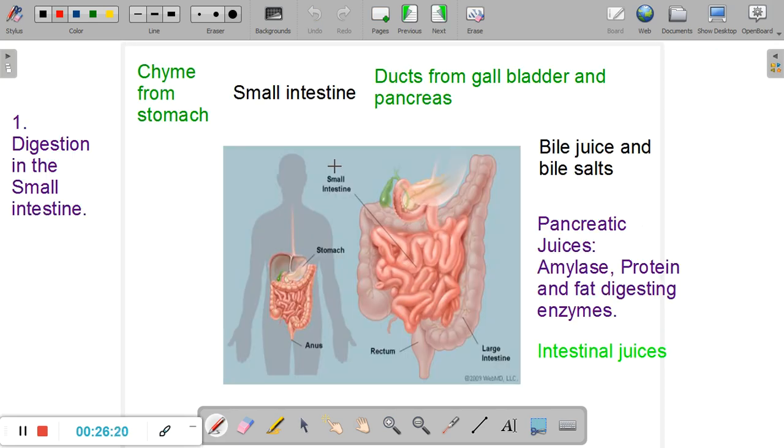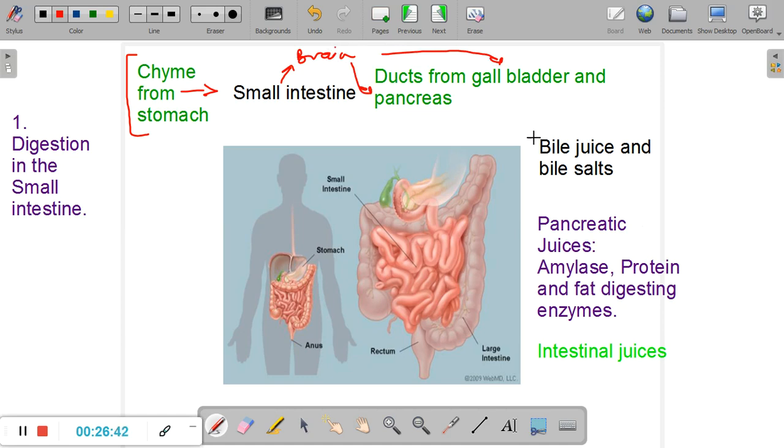We'll go for a very quick revision in this slide about whatever we have done. So digestion in the small intestine: we get chyme from the stomach. The chyme enters the small intestine. The small intestine sends a signal to the brain. The brain signals the gallbladder. It also signals the pancreas to release their secretions.